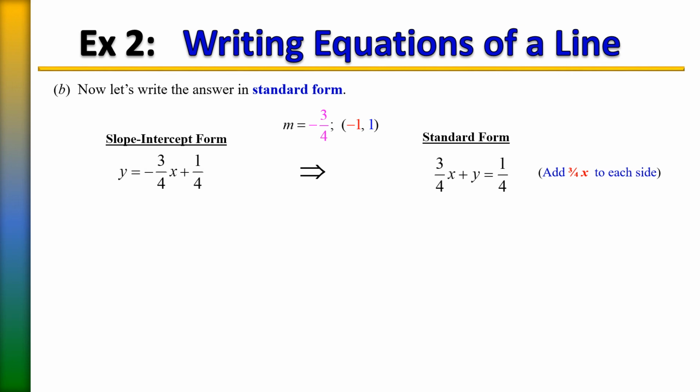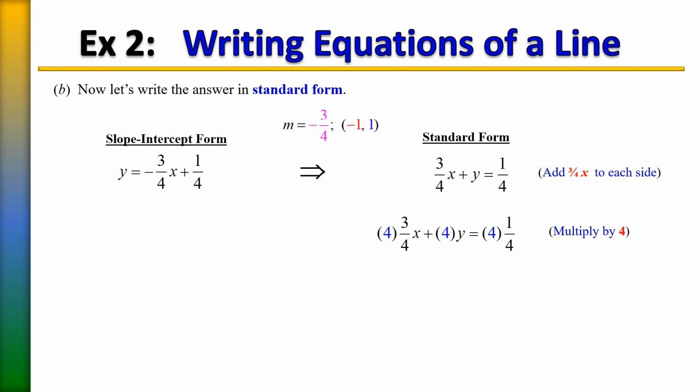How do we get rid of a fraction? Well, take the denominator and multiply all parts of the equation by the denominator so that we can clear the fraction. So our denominator is 4. We're going to multiply all parts of the equation by 4 so that we can get rid of the fraction. When we do so, it's going to look like so. Next, we're going to go ahead and do our cancellations.